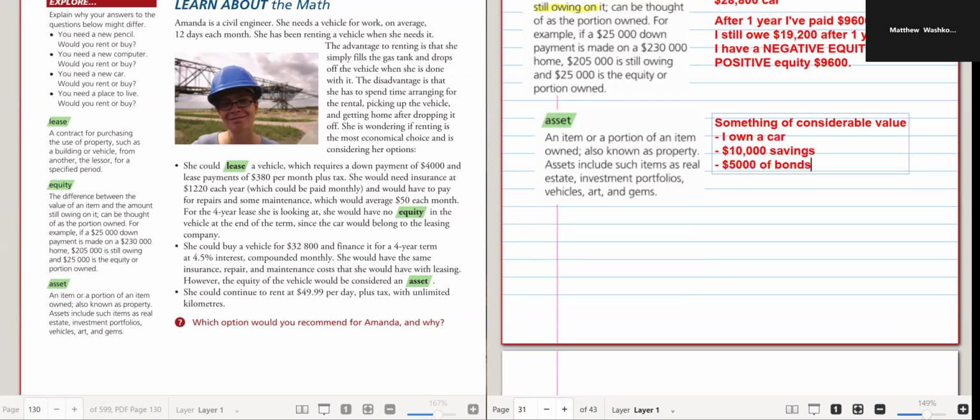They don't really care about your Pokemon set. They don't care about something unless it's worth a fairly considerable amount, right? You're not going to list, I own a Dyson vacuum that costs $800. They don't really care about that part of it. They don't care about your $2,000 TV. They want something with a little bit more oomph in it. All right, so these are all some examples here.